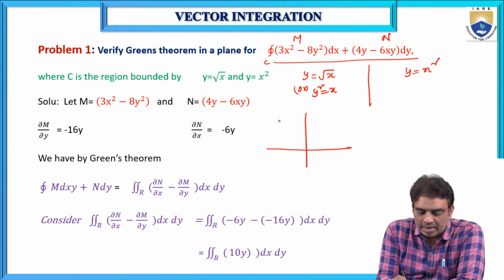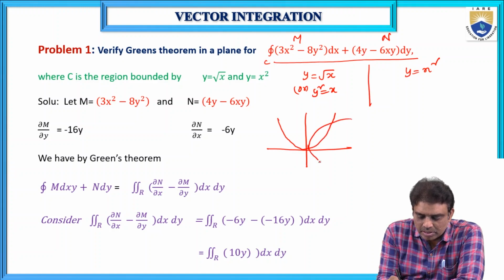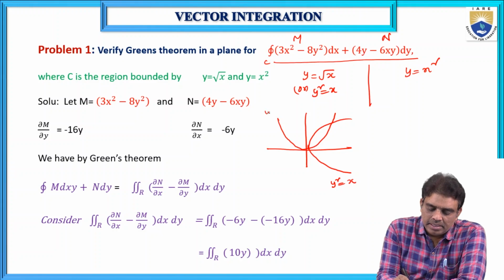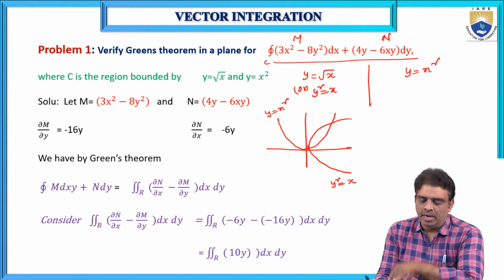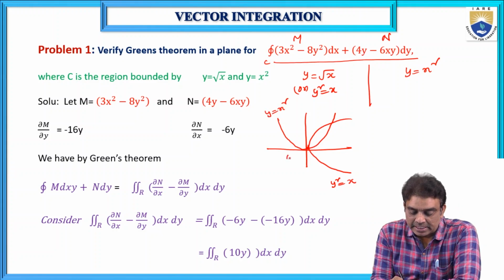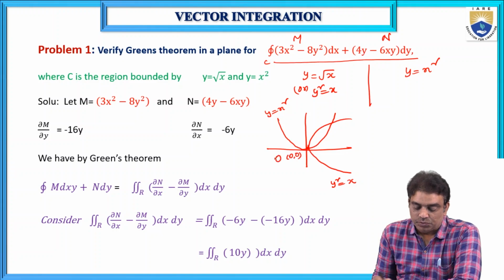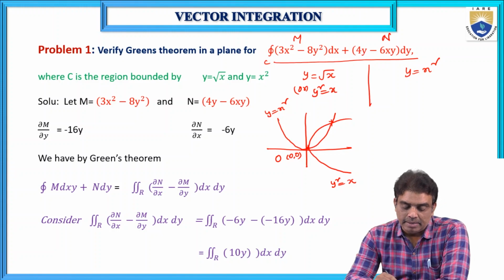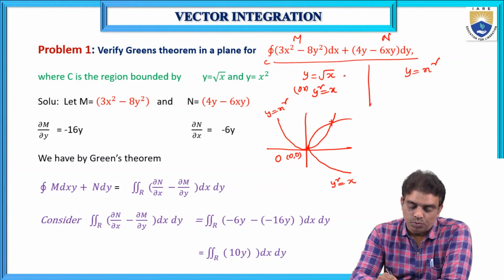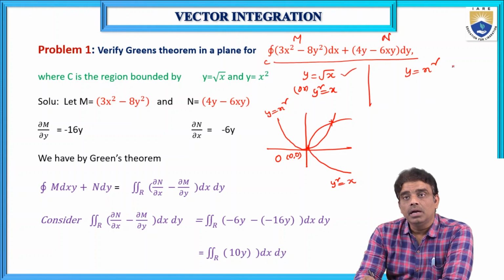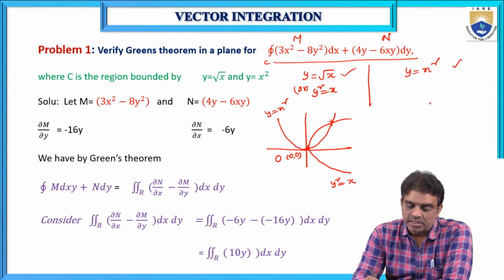One is symmetrical about the y-axis and one is symmetrical about the x-axis. This curve is y square is equal to x, and this is y is equal to x square. Here the point of intersection, this is the vertex 0, 0, let it be O, and the other point can be calculated by solving the two equations: y is equal to root x is one equation, and y is equal to x square is the other.